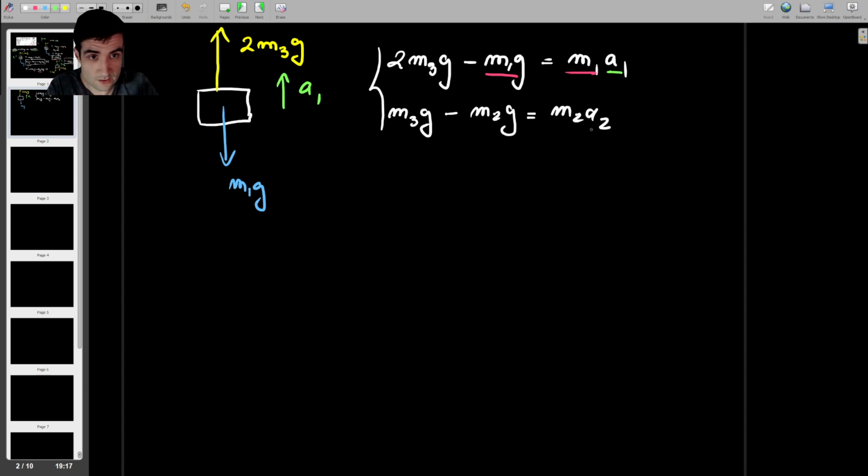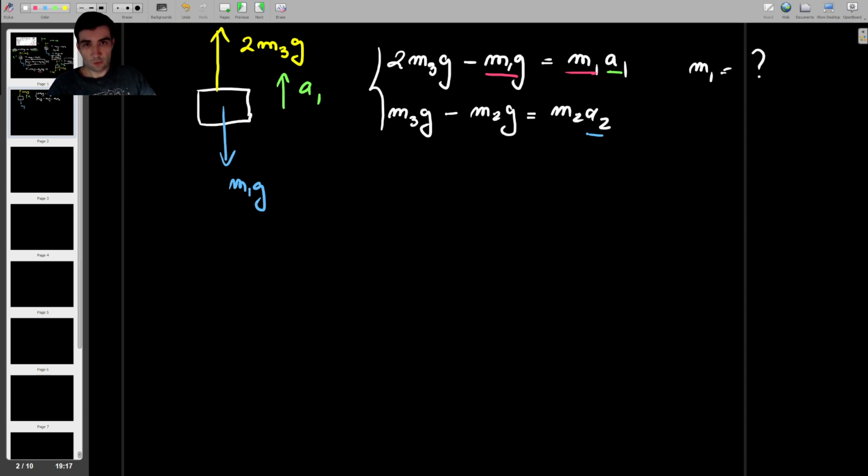So we have a1 and we have a2. That's it. So we have too many unknowns, unfortunately. So from this point on, we can't use any more of Newton's second law to figure out the answer to the problem, where, remember, the answer should be what's the value of m1.